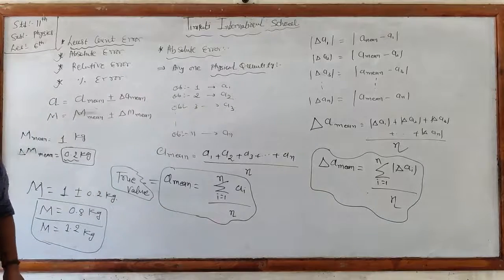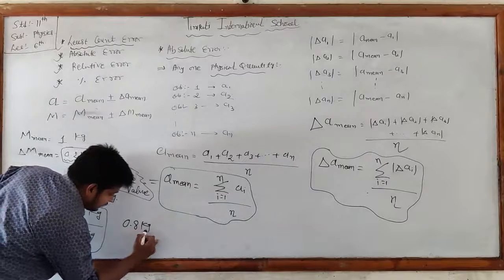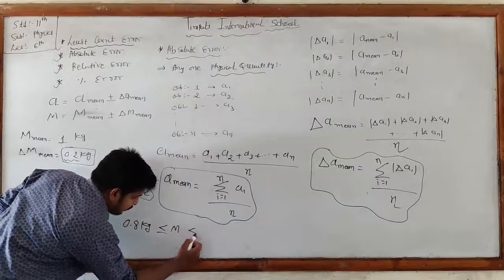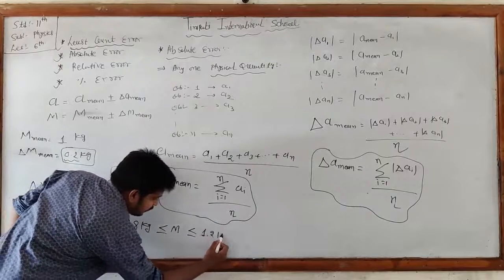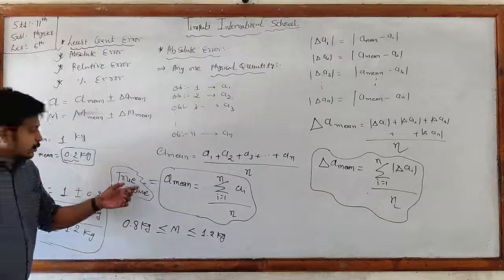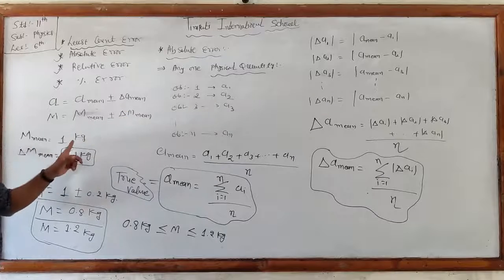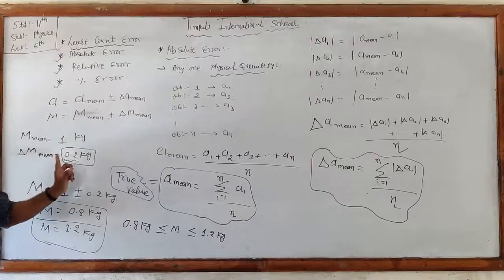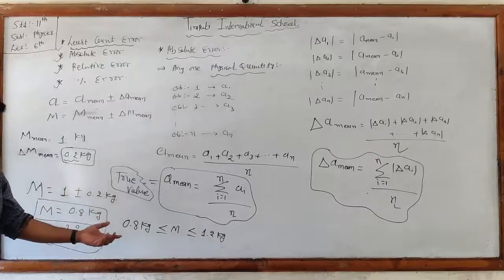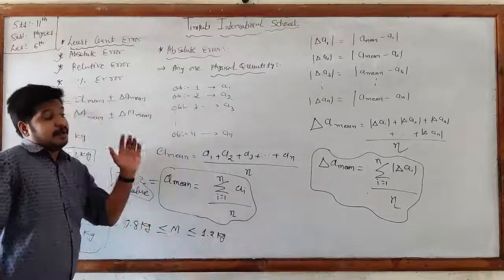So you can write 0.8 kg less than or equal to m less than or equal to 1.2 kg. This is the true value and this is the absolute error. So the true value is 1 kg, your error is 0.2 kg, so your answer will be in between 0.8 kg and 1.2 kg.